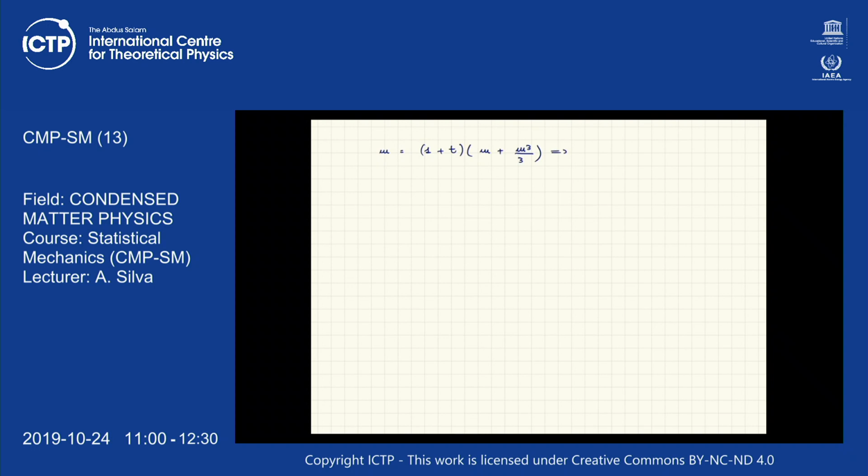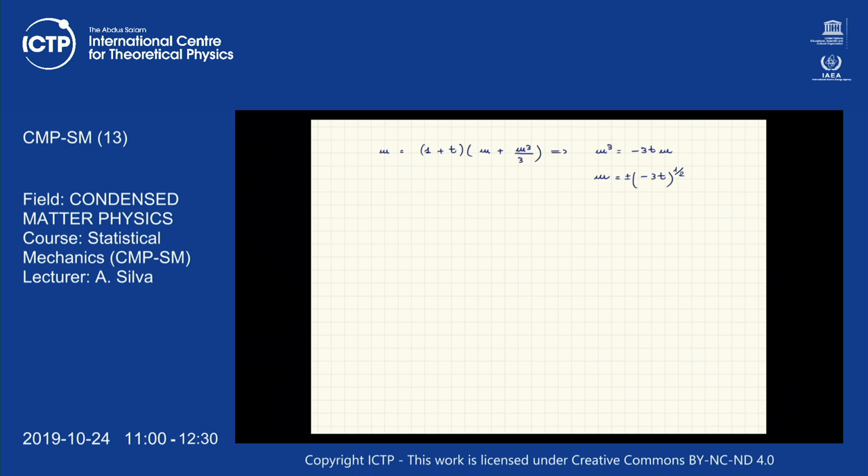I will find the equation m cubed equal to minus 3t times m, and therefore m equals 0 is always a solution, and then you have two solutions, m equal to plus and minus (minus 3t) to the power 1/2, right?